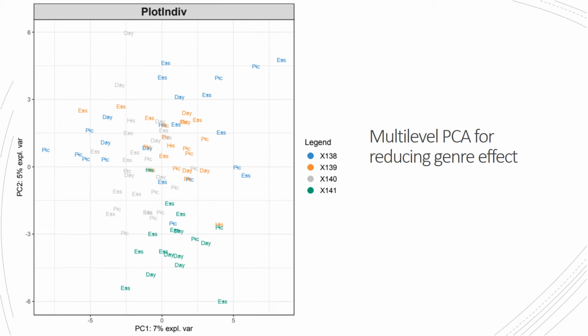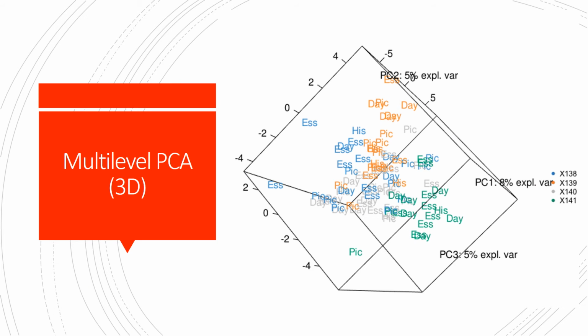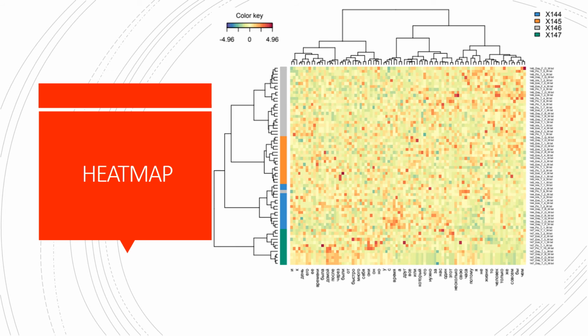Multi-level PCA genre effect elimination leads to author-based clustering for some authors, but not for all. Here we can see the clusters of texts by author more visible in 3D graph. mixOmics provides users with a lot of possibilities for visualization.